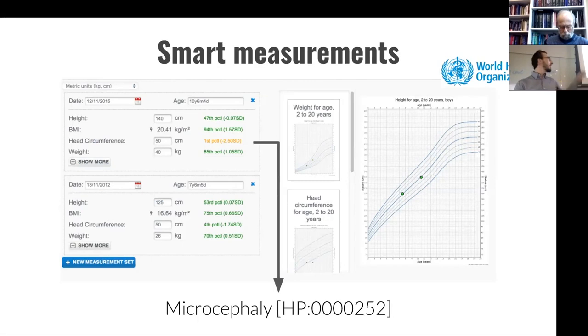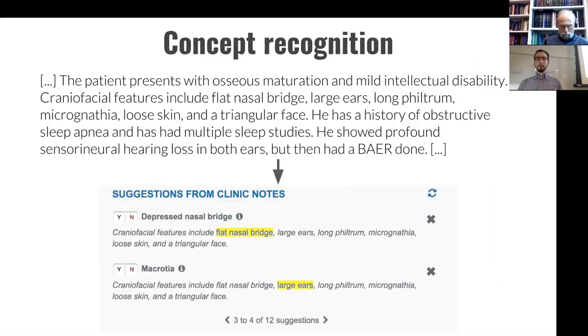These measurements can be pre-populated from connecting to the electronic medical record system. So we're streamlining this flow of information into codified structured phenotypes so that we can compute on it.